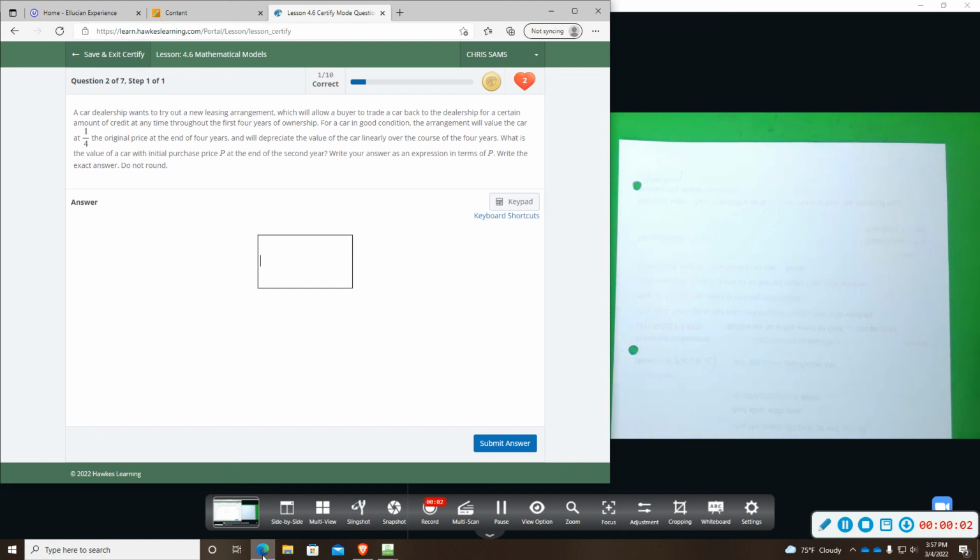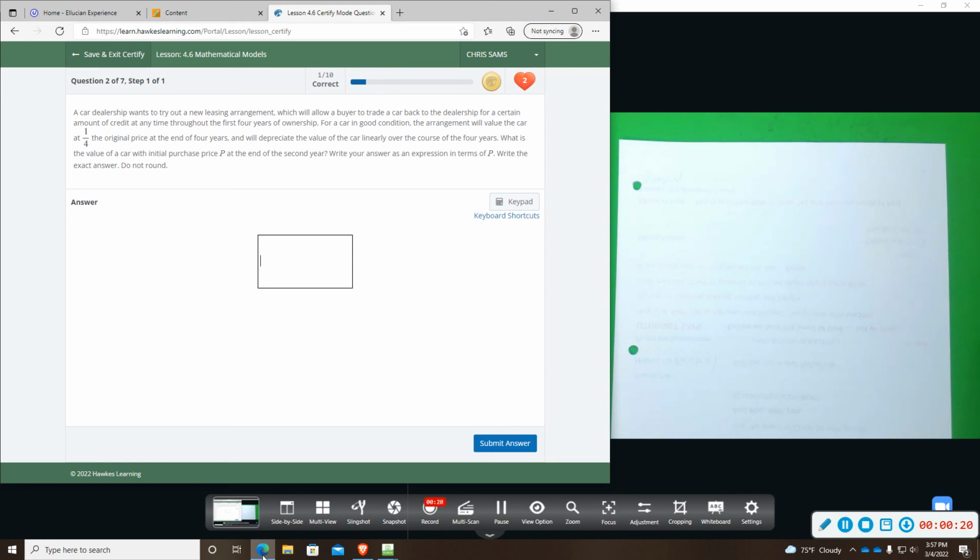All right, number two, we have a car dealership that wants to try out a new leasing arrangement, which will allow the buyer to trade a car back to the dealer for a certain amount of credit at any time throughout the first 4 years of ownership.